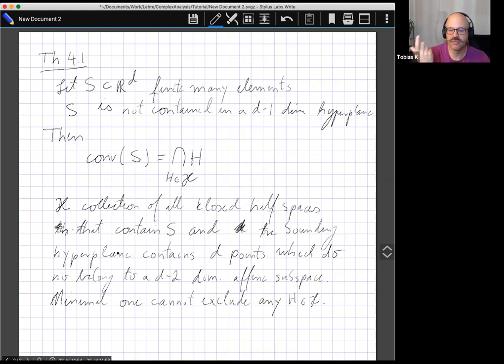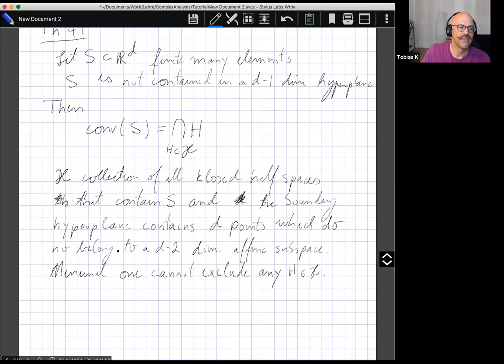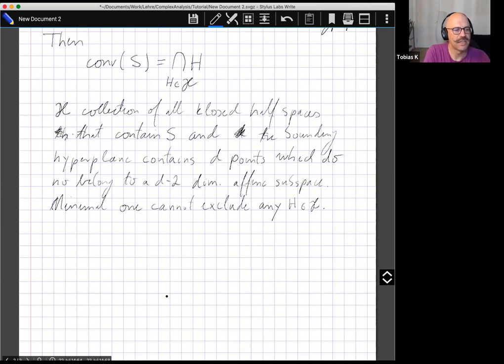If they lie on a line, they would not fix the plane. So that is exactly the second condition, that they don't span a D-2 dimensional affine subspace. The D points must be spread enough so that they span a D-dimensional plane and so fix this plane at all.